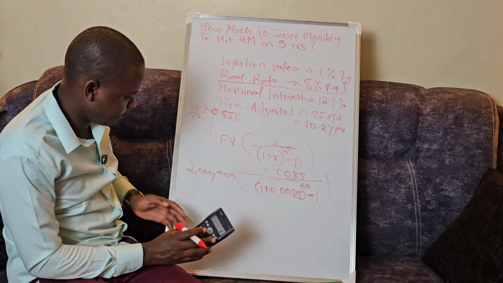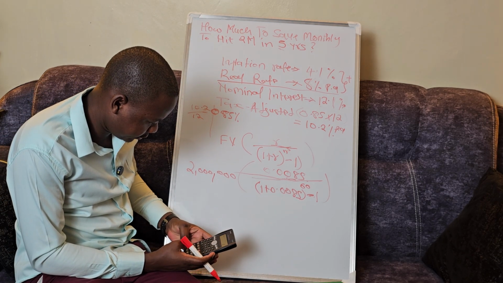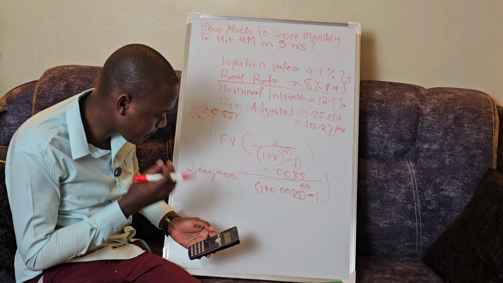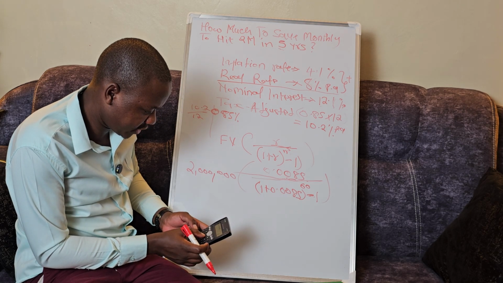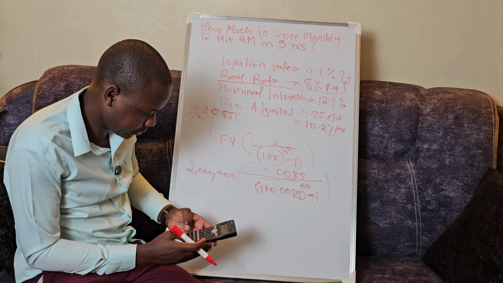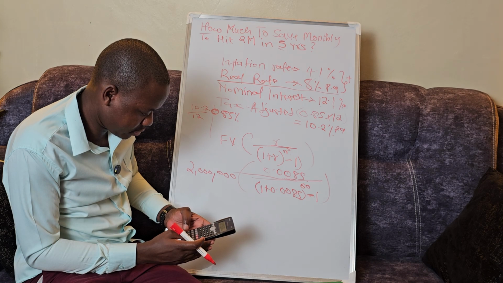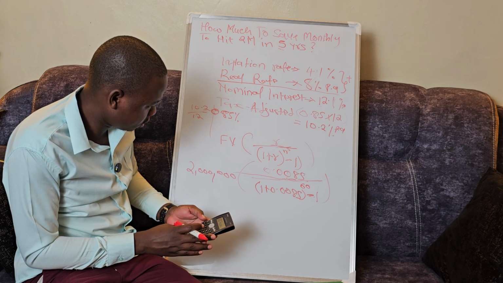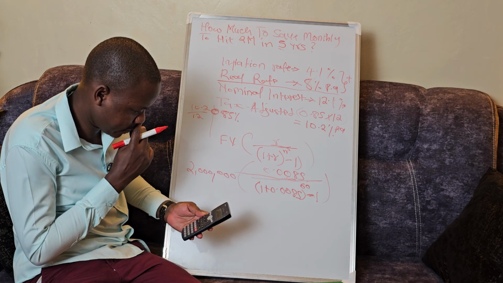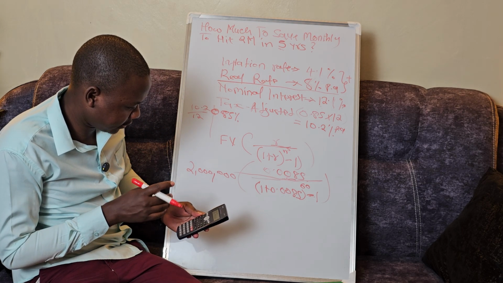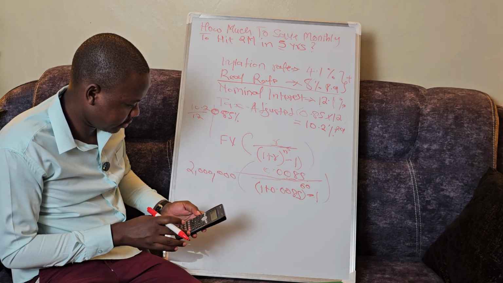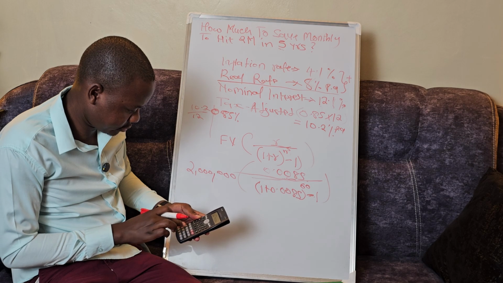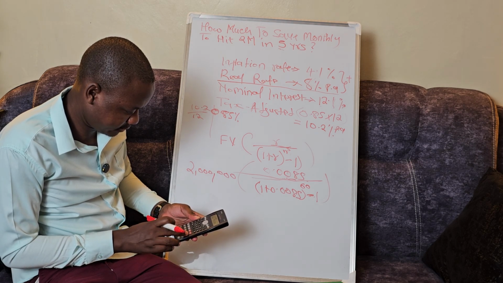I have 0.0085 raised to 60, answer less 1, then 0.0085 divided by the answer.